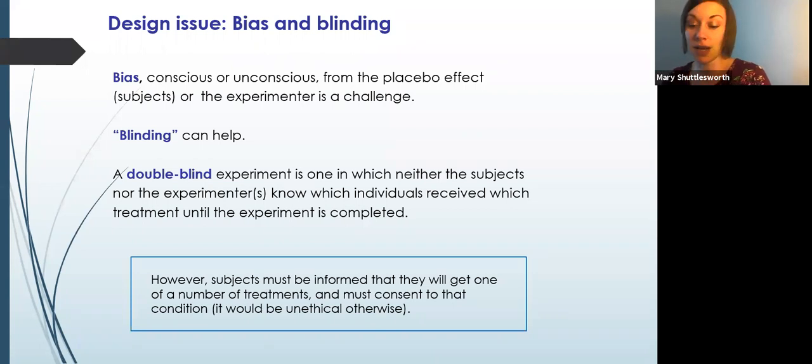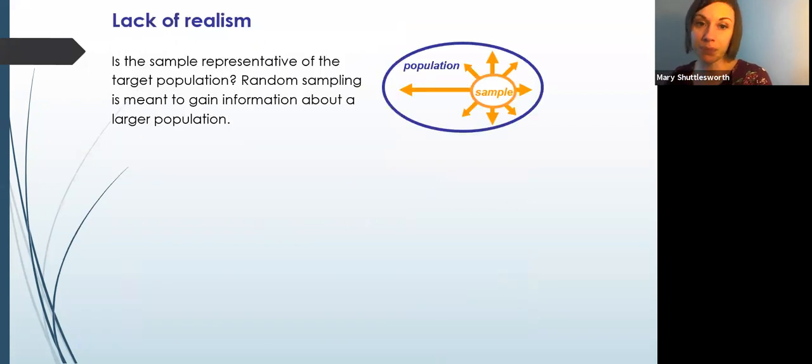All right, so let's talk then about some of the challenges here with applying results from research studies to real life. Remember that one of the goals of doing research is so that we can take what we find about our sample, that small group, and apply it to the population, or the large group. So that's our goal, to generalize.